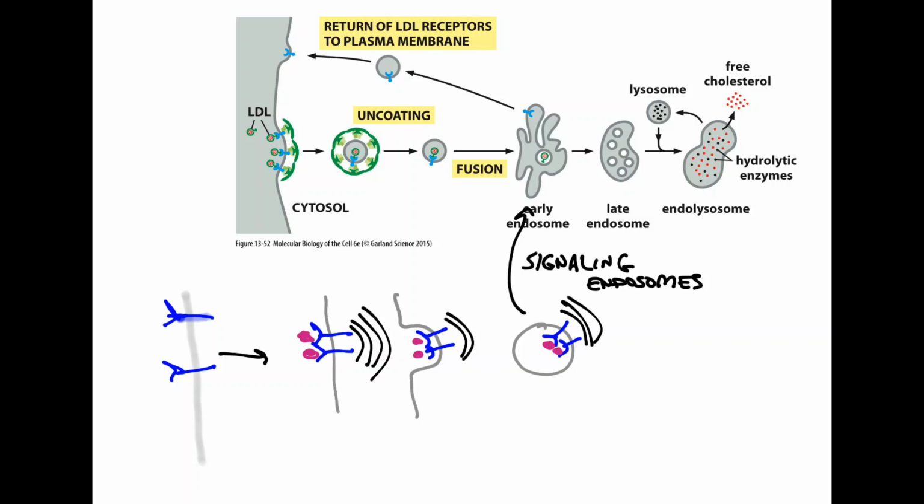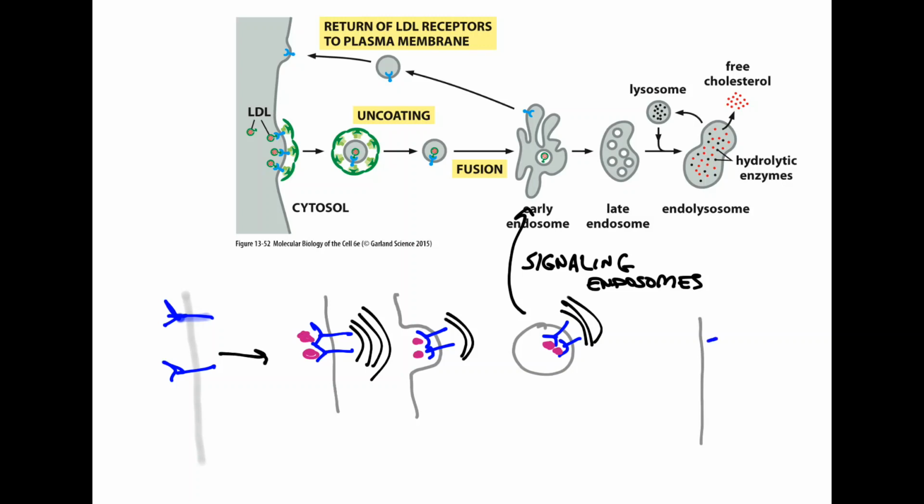So we can think of that, the product of that series of reactions as this, that is a plasma membrane that doesn't have receptors on it. So this cell becomes desensitized temporarily due to the absence of those receptors, and the only thing that's going to make it respond to that growth factor again is making more receptors.